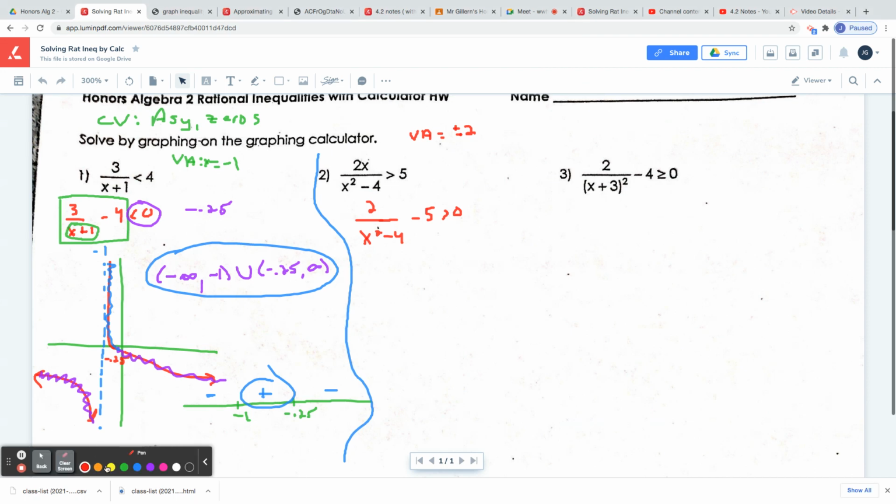Okay, so just to kind of draw what the rough graph of this looks like. Something like this.